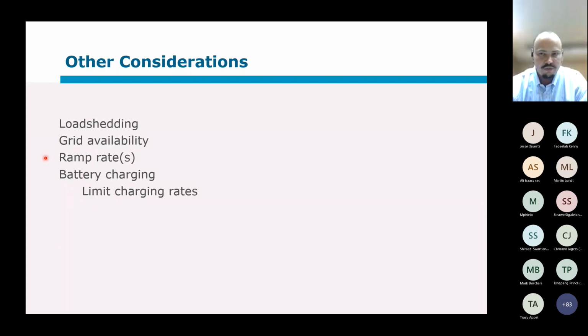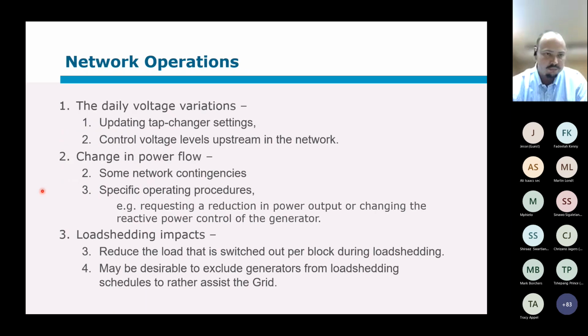Ramp rates, that could have an effect on your network stability, but if they can supply it, it can actually increase network stability by starting to act like a synchronous machine. Battery charging, if that can be limited, you reduce the potential impact on your network when they charge the batteries from the network. I think Forrest also mentioned that just now.